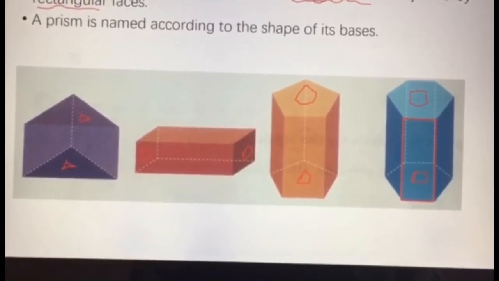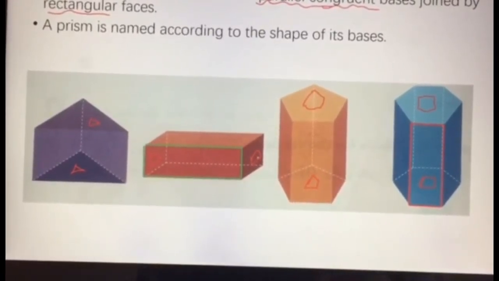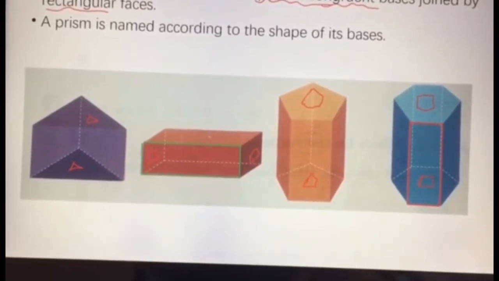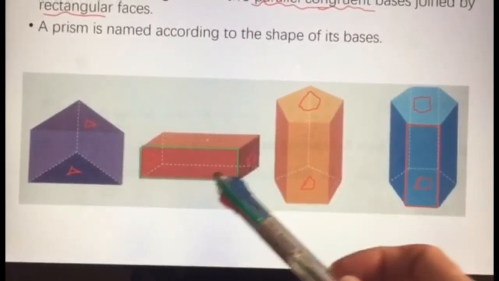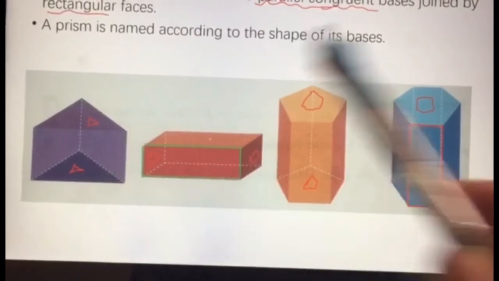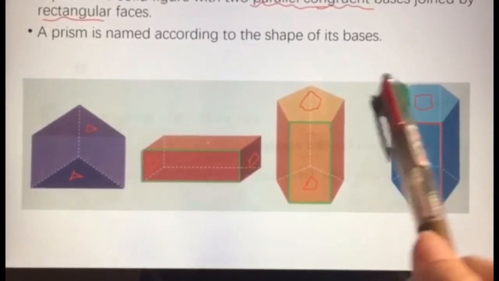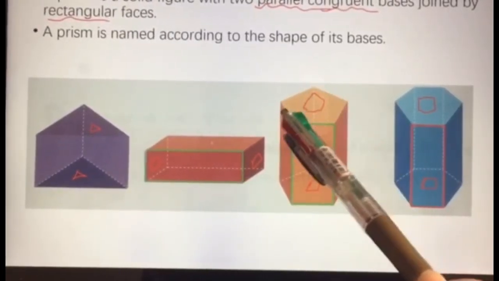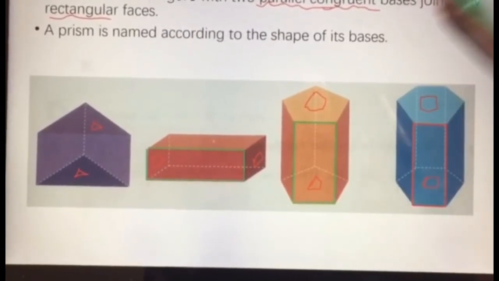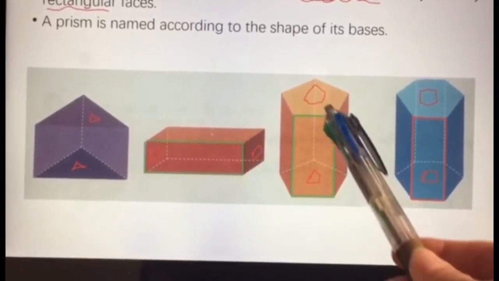And here is my next one. In this figure, these two rectangle bases are joined by a rectangle here, another rectangle face here, another rectangle face at the bottom, and 1, 2, 3, 4 rectangular faces. Okay, in this figure, the two pentagon faces are joined by a rectangle here, one on the left side, one on the right side, and one at the back.